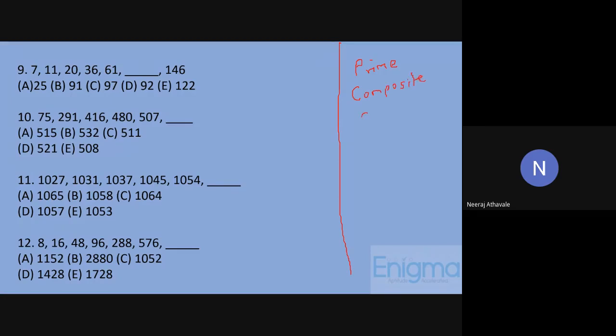Okay. Squares, cubes. Okay. So, these are the common reasons or logics behind finding out these things. So, you can try to find out the answers for these four questions. Let's see.